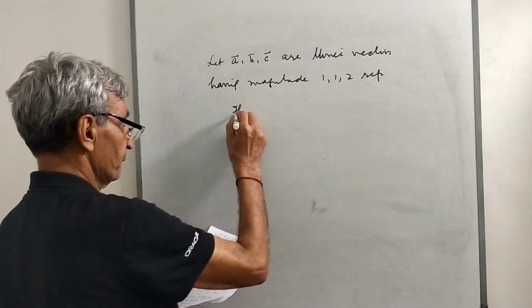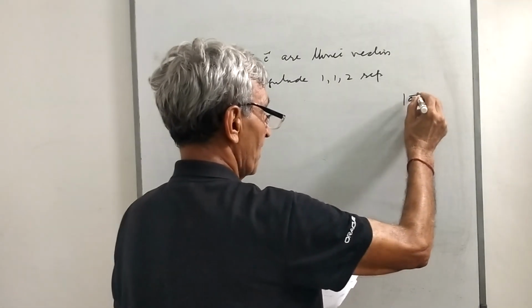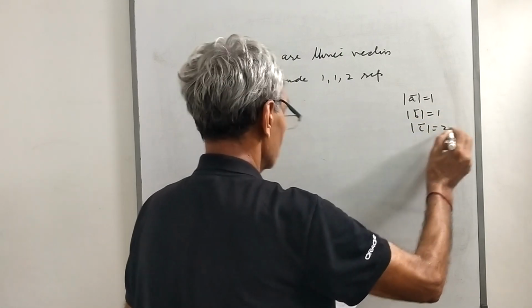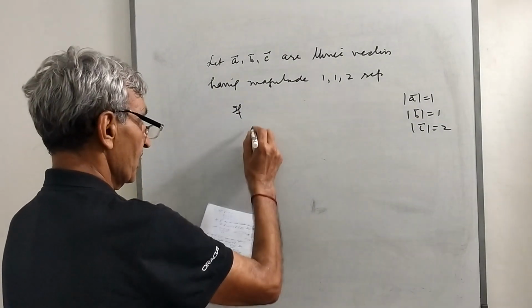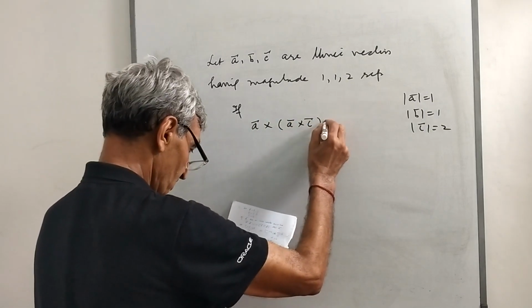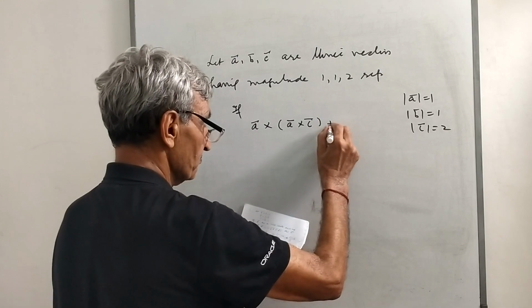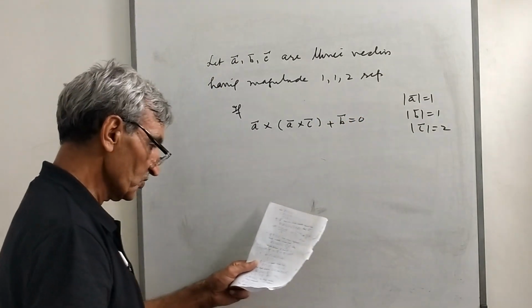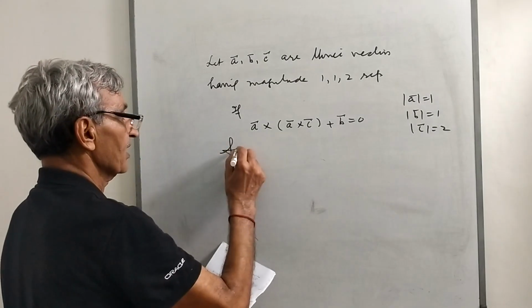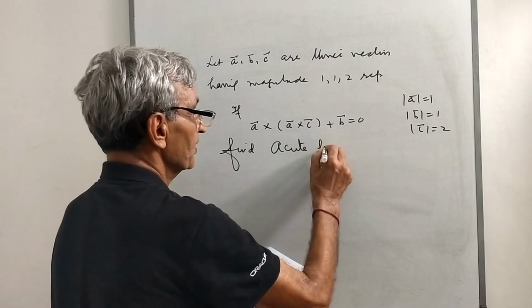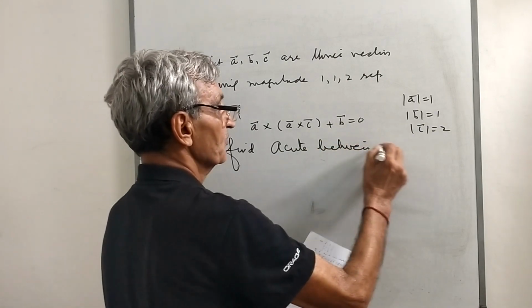Given magnitude of A is equal to 1, magnitude of B is equal to 1, magnitude of C is equal to 2. If A cross (A cross C) plus B is equal to 0, then find the acute angle between A and C.